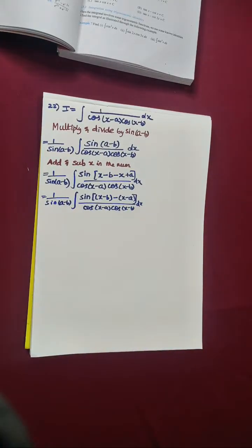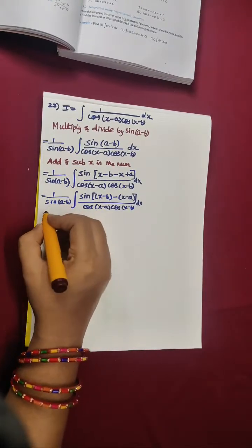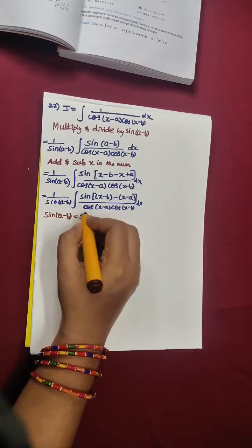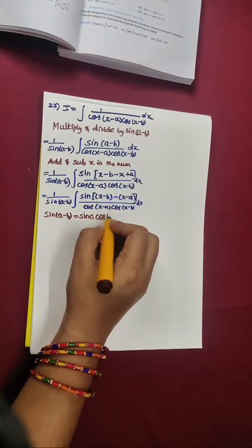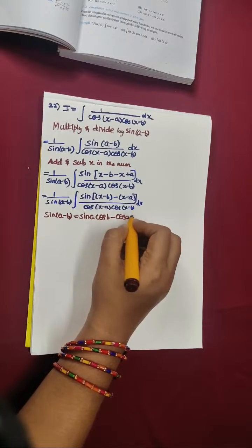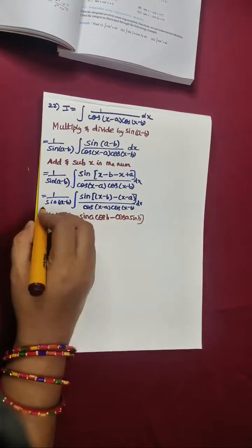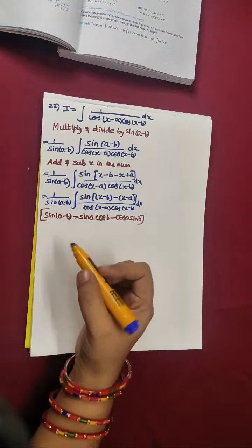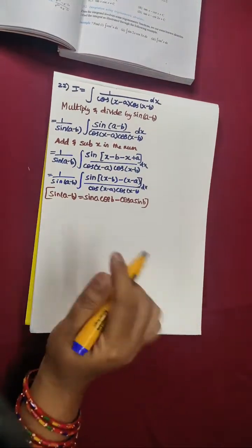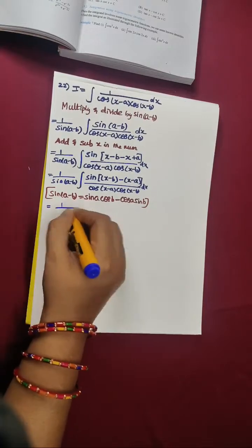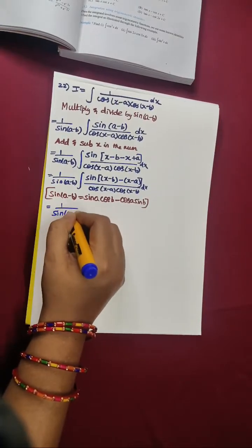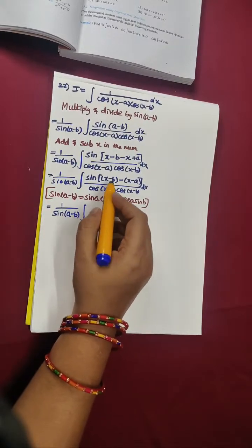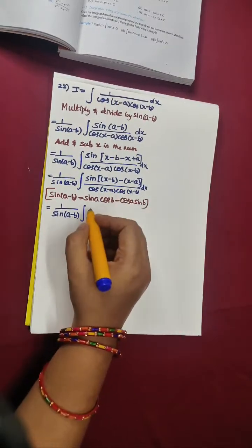Sine of a minus b is sine a cos b minus cos a sine b. So this formula only we are going to use here. In place of a it is x minus b, in place of b it is x minus a.